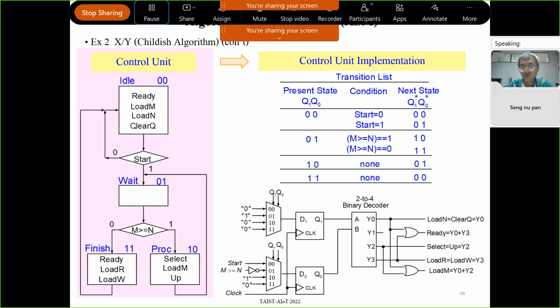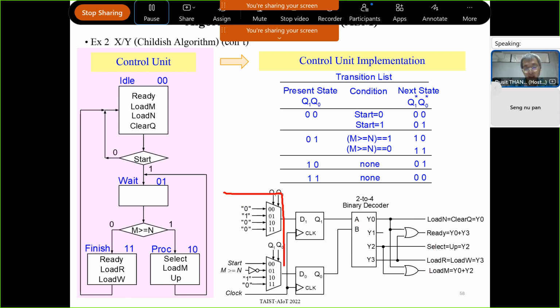And for load N, only this state. So at this state, load N is active, clear is active. What else? Select. It's 1 here, state Y2, state process. Okay, Y2 active. This is circuit E using a decoder.